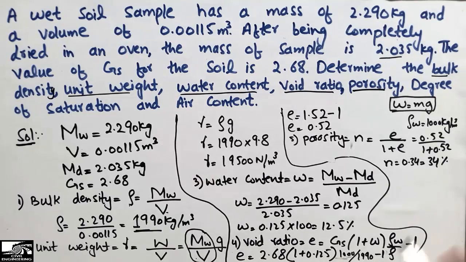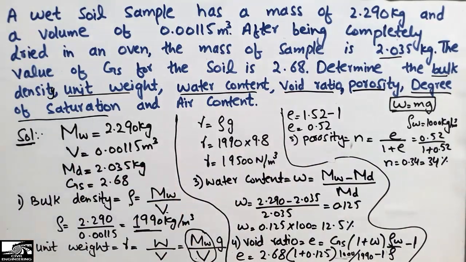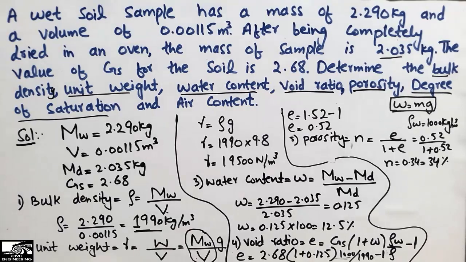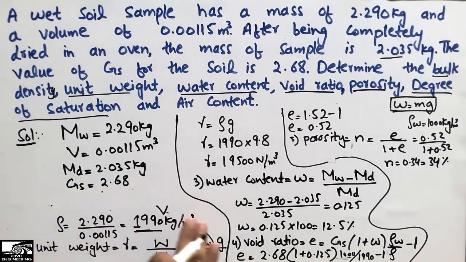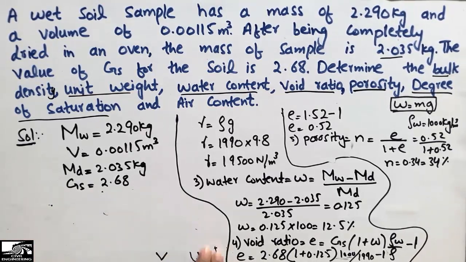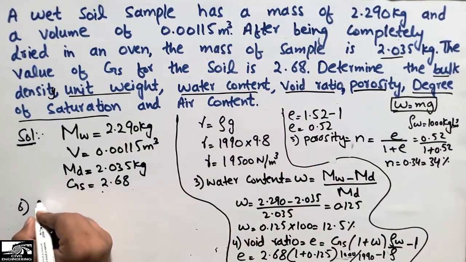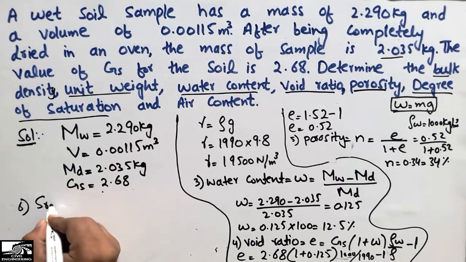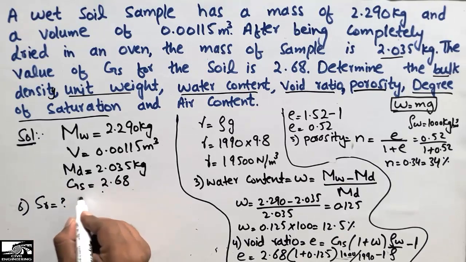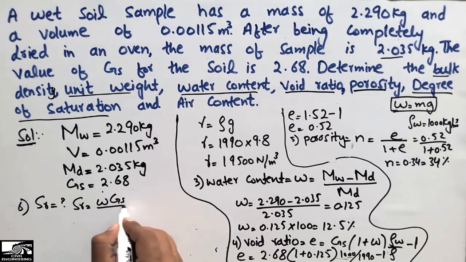Now the other unknown is the degree of saturation, right? Degree of saturation is unknown to us, so we can find it here. I will remove this value because we found it out. So we will put the values in the degree of saturation formula. The sixth one is the degree of saturation, represented by Sr, and Sr is equal to w into Gs divided by e.